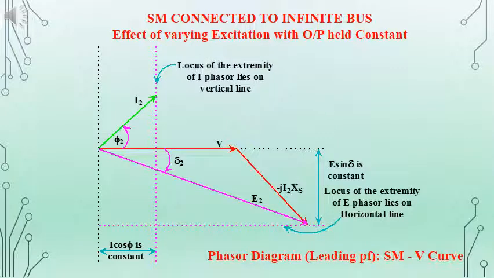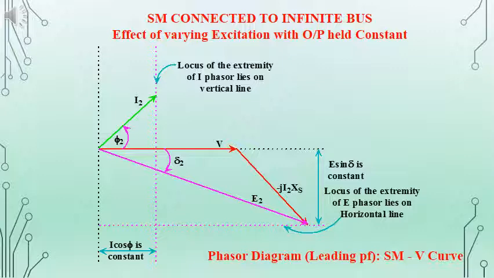Now we will consider the leading power factor condition. Here I2 is the current which is leading by an angle phi 2 with respect to the supply voltage V, and we have E2 as V minus j I2 xs, and the angle between V and E2, the load angle, is given as delta 2.